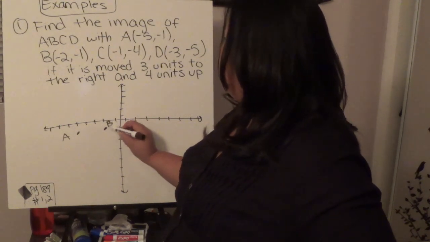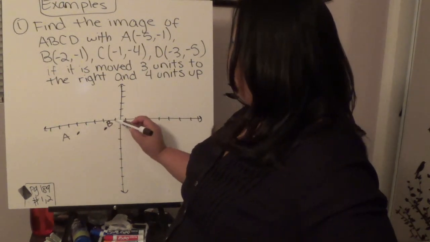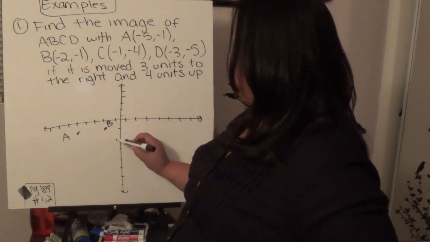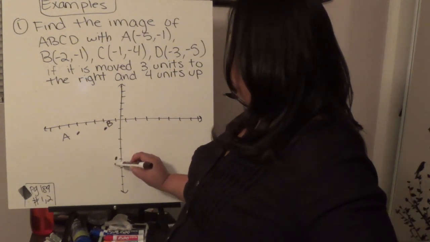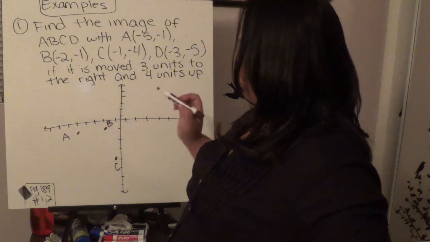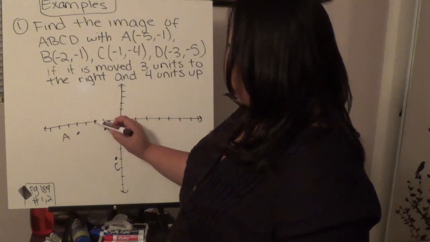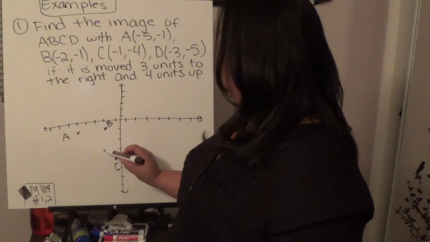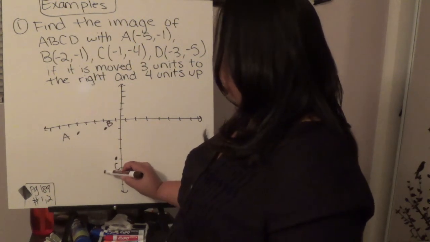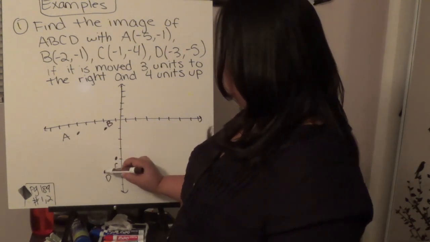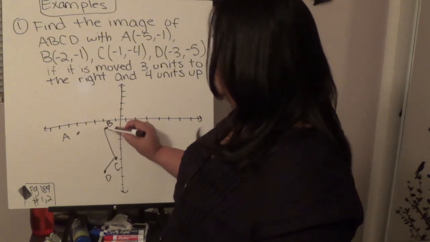This is my B. C is negative 1, down 4. D is negative 3, negative 5. This is D. So this is what my shape looks like.